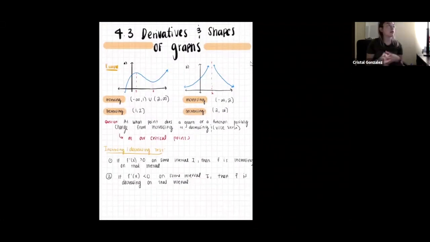So this is how we're going to be able to tell what functions are increasing and what functions are decreasing on that interval.